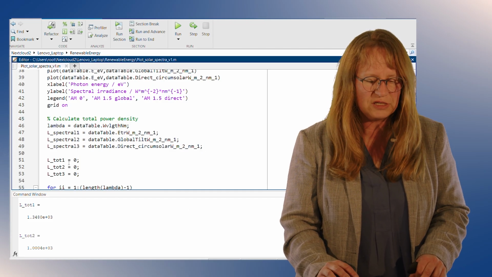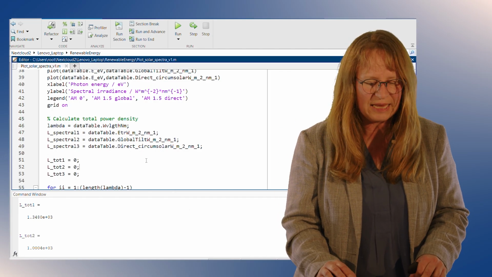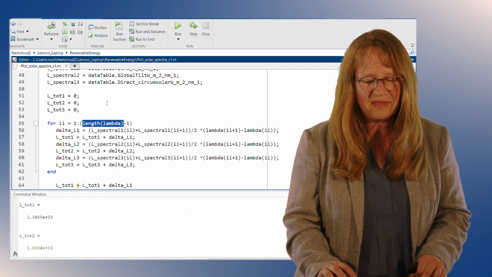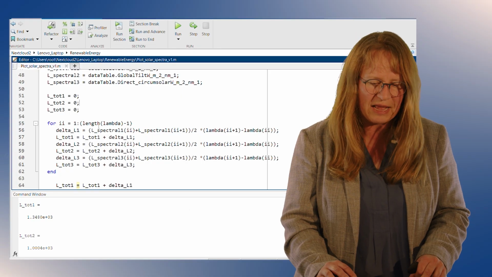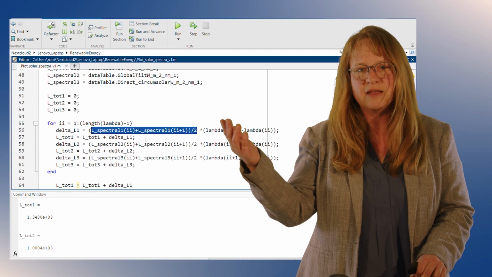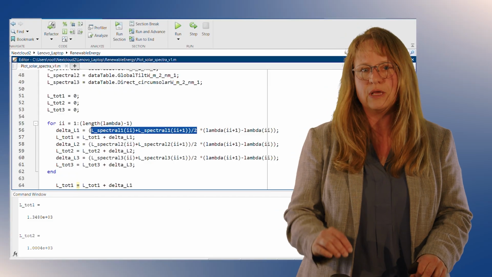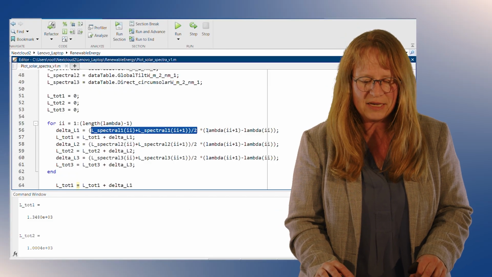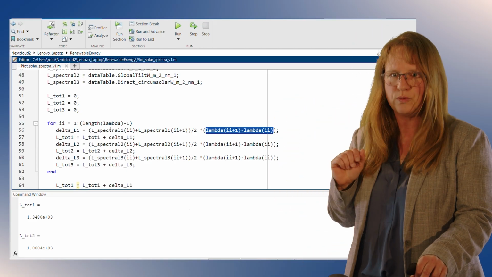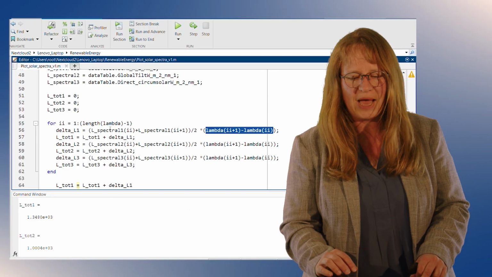And in order to do the integration, I initialize three variables. These will afterwards include the result. And then I do a for loop over all of the wavelengths lambda that I have. For each wavelength, I calculate the value of the spectral irradiance plus the spectral irradiance at the next value, ii plus 1. So ii is my running variable here. And I multiply that with the distance in nanometer between the two different wavelengths, so lambda ii plus 1 minus lambda ii.